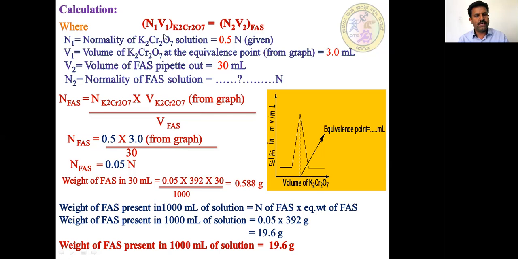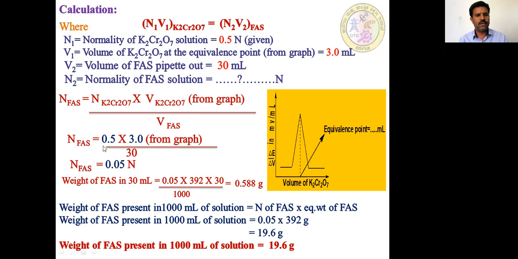So by using these values, the normality of ferrous ammonium sulfate solution is equal to the normality of potassium dichromate solution times the volume of potassium dichromate solution, which we can get from the graph, divided by the volume of ferrous ammonium sulfate solution taken in the beaker.